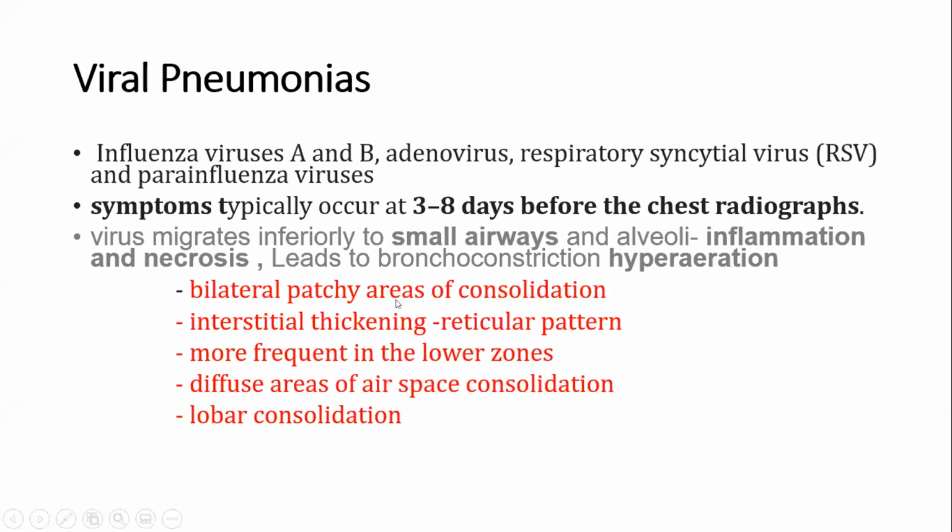You can get bilateral patchy areas of consolidation, diffuse areas of airspace consolidation, and lobar consolidation also. But the commonest finding they have found in many articles and many researchers is a reticular or reticular nodular pattern in the bases, usually bilateral.